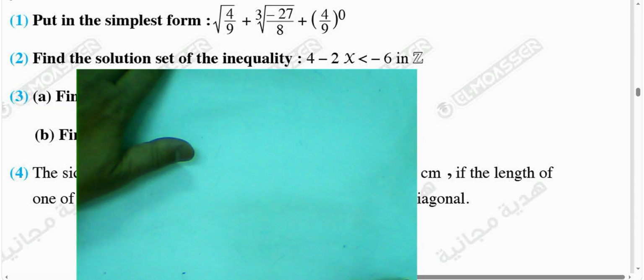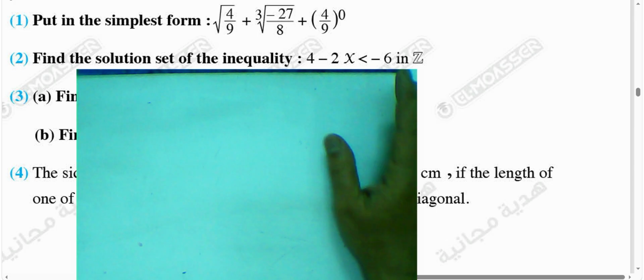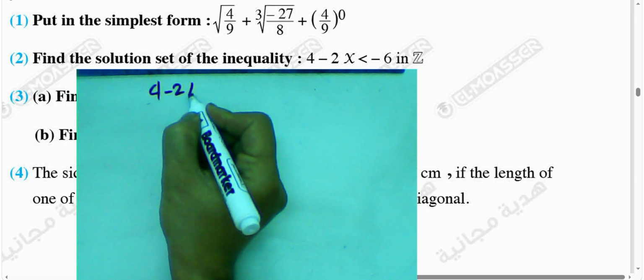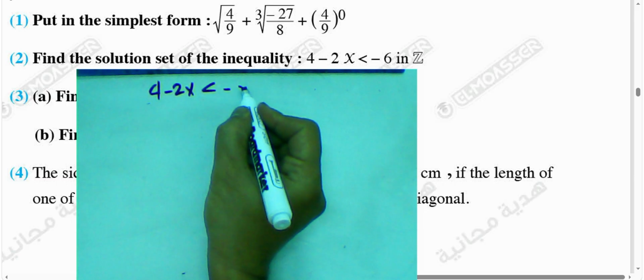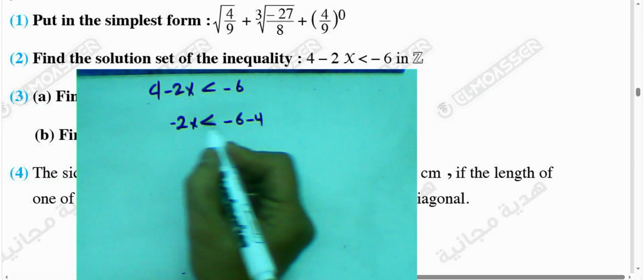Solve the inequality in Z. Look with me at the steps here. First step, you can move 4 from the left-hand side to the right-hand side and change the sign. 4 minus 2x less than negative 6, and we have negative 2x less than negative 6 minus 4.